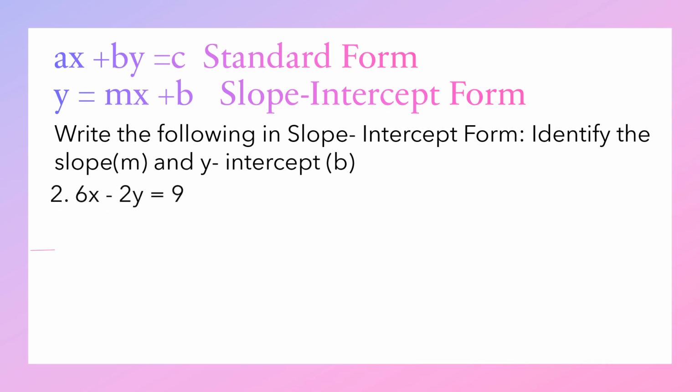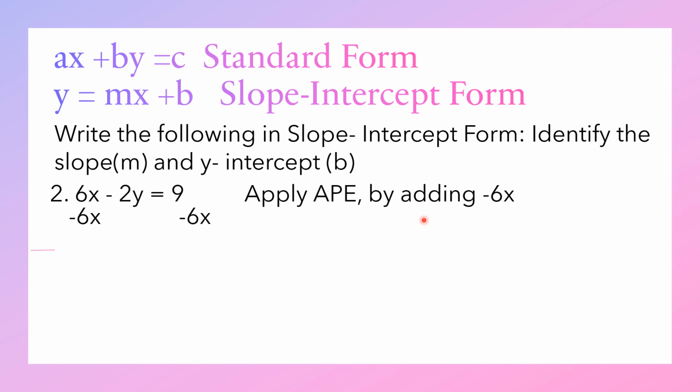So I have here another one, 6x minus 2y is equal to 9. So again, dapat y lang maiwan sa left side. So ang gagawin ko, by addition property of equality, I'm going to add negative 6x on both sides of the equation. So ito ngayon ay magiging 0. At kukopyahin ko lang yung negative 6x sa kabilang side.